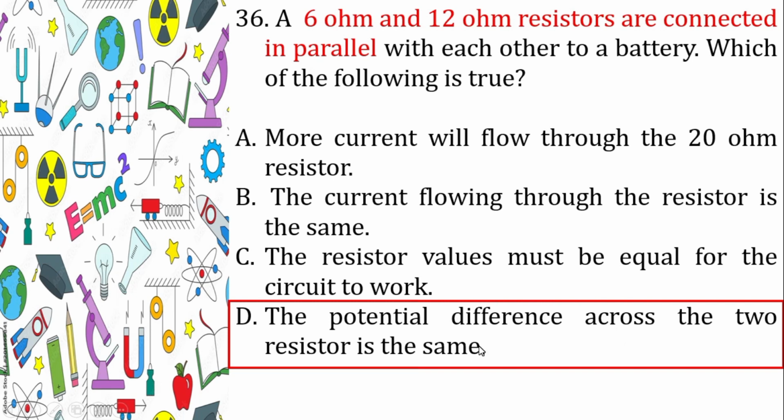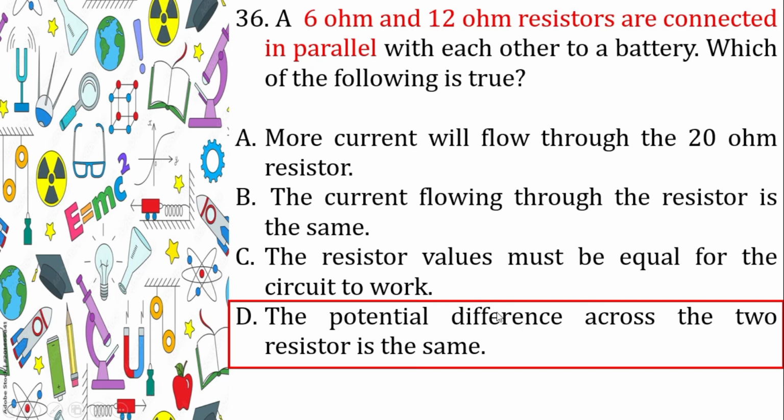Again, in parallel, the current that flows in each resistor is different. However, in parallel, the voltage in each resistor is the same. And voltage is also known as potential difference.